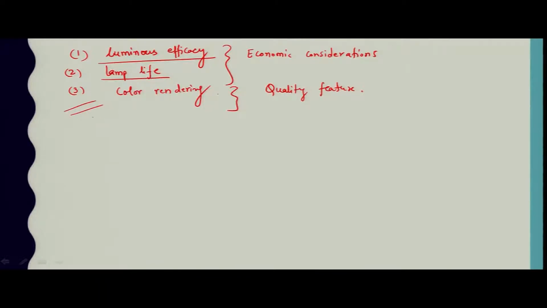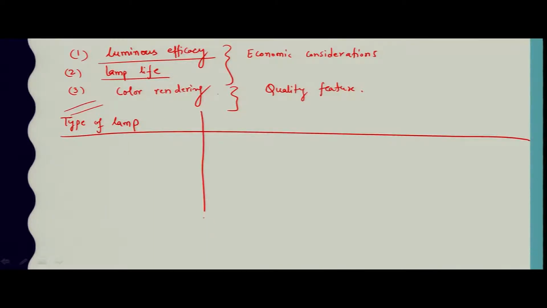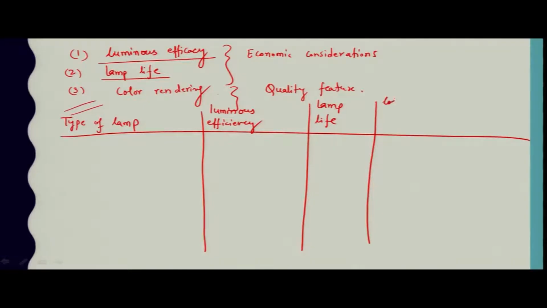The columns are: type of lamp, luminous efficiency, lamp life, color rendering, and typical application.